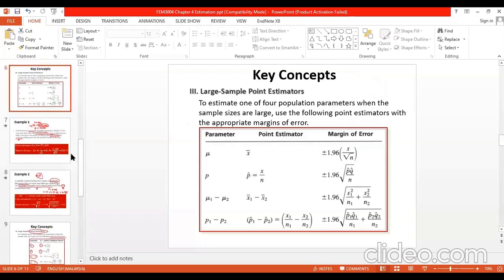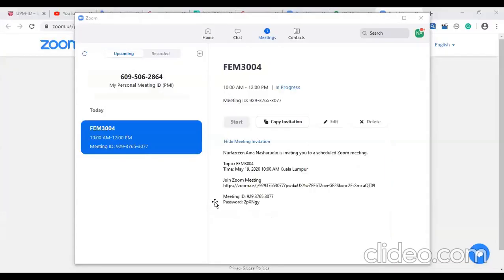The examples are only given for the first and the second formula for point estimator only, because the third and the fourth are not in your syllabus.